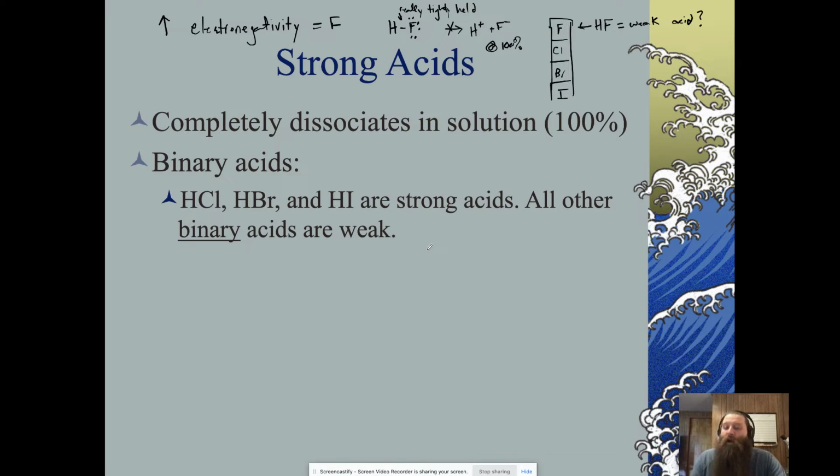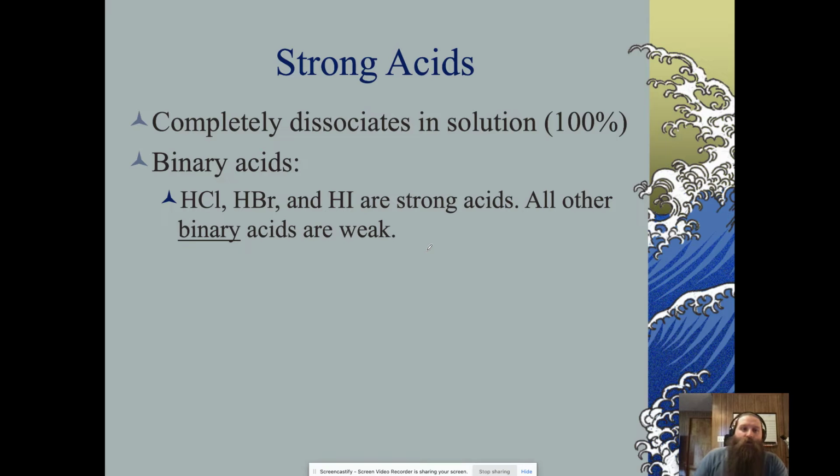When it comes to binary acids, there's only 3 strong acids: HCl, HBr, and HI. All other binary acids are weak. So if you got a question, say, H2S, hydrosulfuric acid, is that strong or weak? Well, it's not HCl, HBr, or HI, so it's weak.